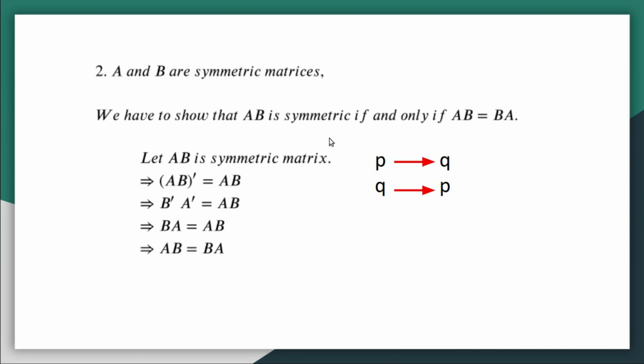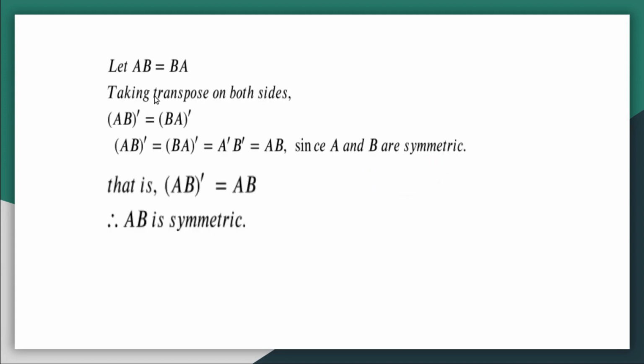Now we take the reverse order. First we assume AB equals BA. Then we have to prove that AB is symmetric. Taking transpose on both sides, we get (AB) transpose equals (BA) transpose. Now (BA) transpose is A transpose into B transpose.